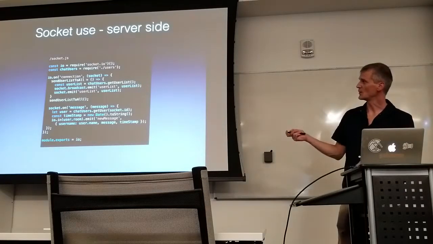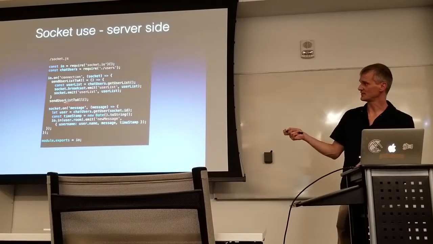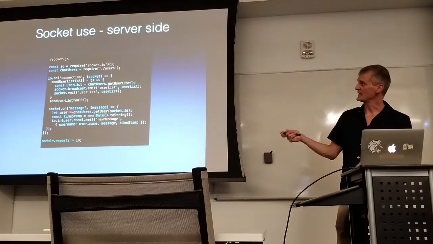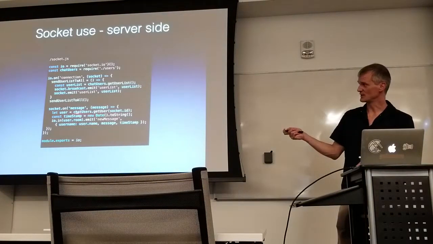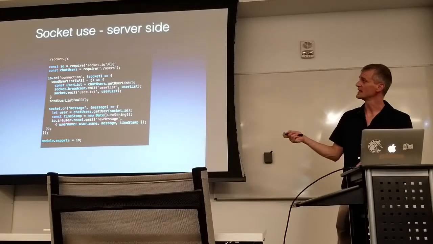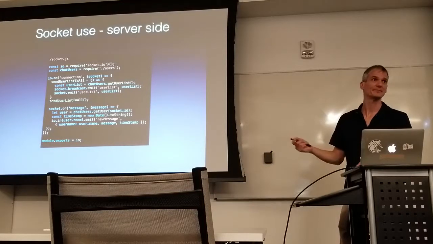So we grab the ID off of socket, that was who called, and then we can go into the users module, grab the user off of there, get the room that the user was in, and then we use IO in to broadcast and emit to everybody in that room, and then we emit a new message back.